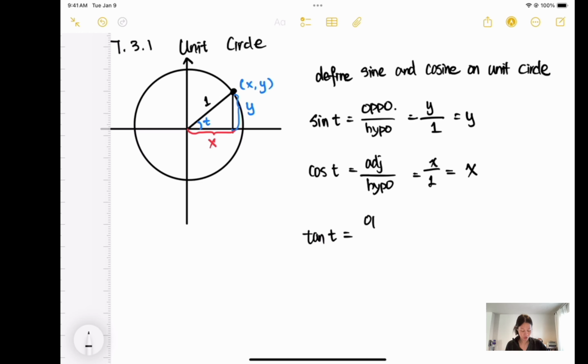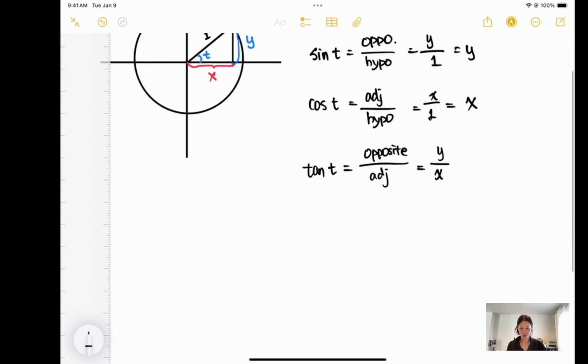Tangent is equal to the opposite side over the adjacent side, right? The opposite side of angle T is y, the adjacent one is x. So this is the definition of the sine, cosine and tangent functions on a unit circle.